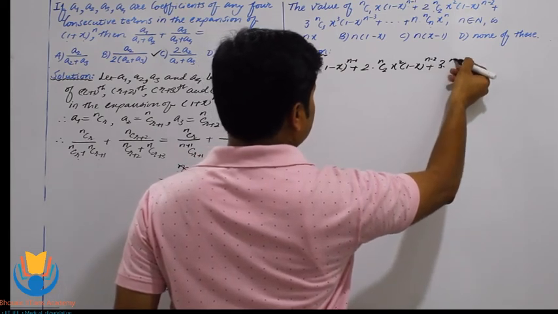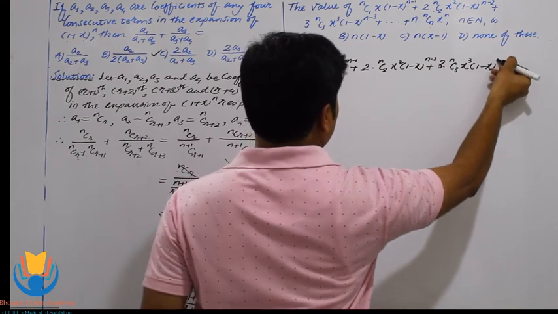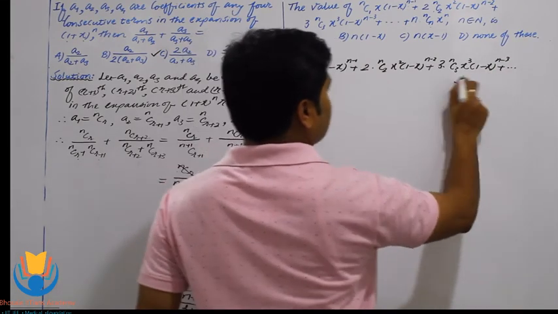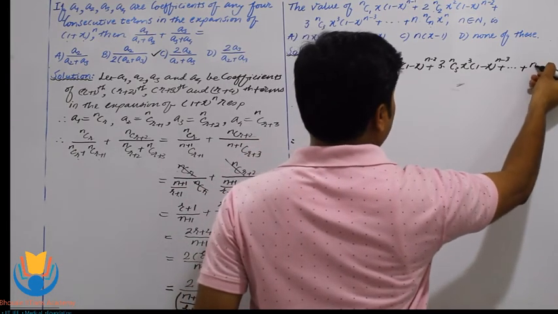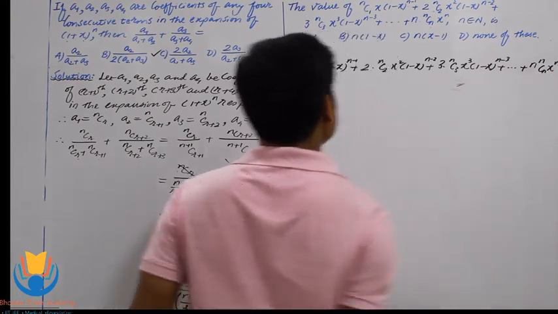Again this is 3 times nC3 into x cube into (1 minus x) whole raised to n minus 3 plus dot dot dot. The last term is n into nCn into x raised to n.